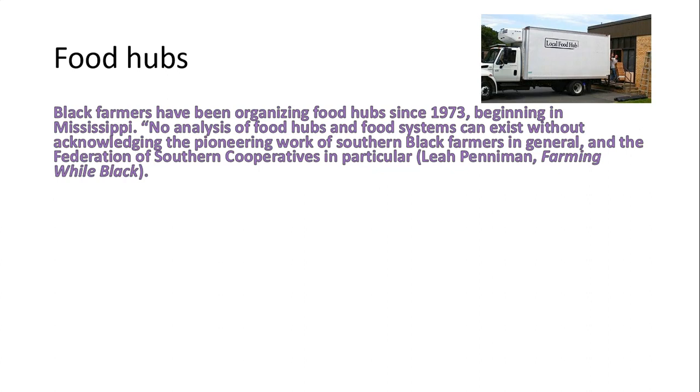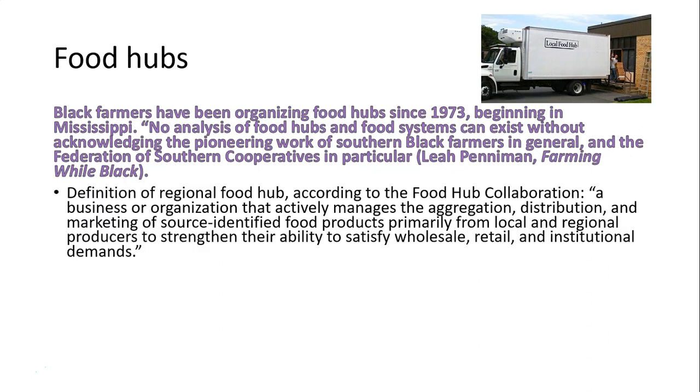Black farmers have been organizing food hubs since 1973, beginning in Mississippi. As said by Leah Penniman in her book Farming While Black, no analysis of food hubs and food systems can exist without acknowledging the pioneering work of Southern Black farmers in general, and the Federation of Southern Cooperatives in particular.